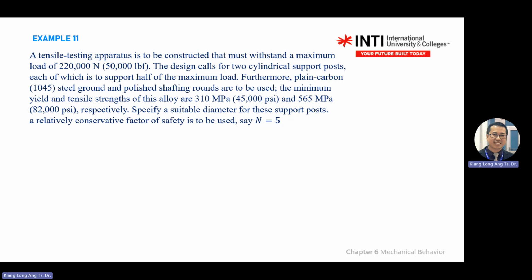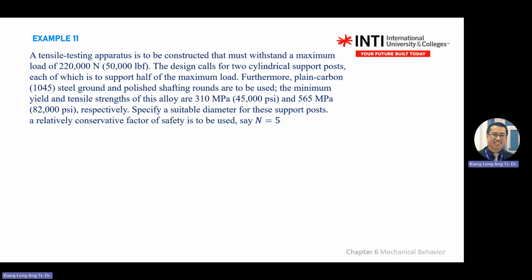Further, plain carbon steel, ground and polished, is used. You are using plain carbon steel 1045. For this kind of question, you will see a material table at the back of the question. The minimum yield and tensile strength of this alloy are given.